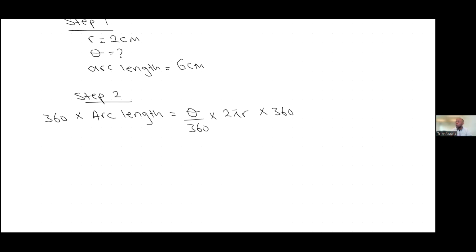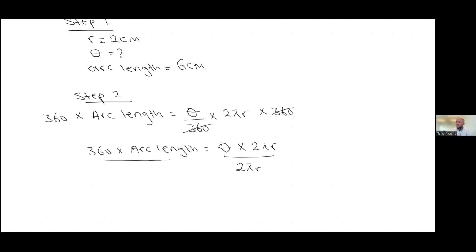So this is going to cancel this out, and we're going to have 360 multiplied by the arc length is equal to theta times 2 pi r. We're looking for theta here, so you divide both sides by 2 pi r. Make theta the subject of the formula.